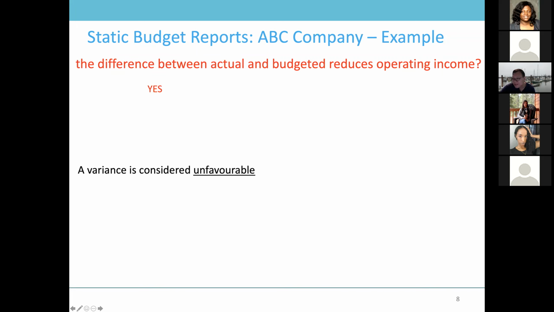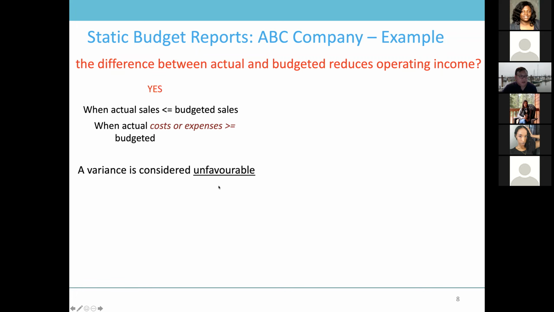If the difference reduces the operating income, it's unfavorable. If the answer is no, then it's the opposite, so this variance will be considered favorable. Often you just use F for favorable and U for unfavorable.